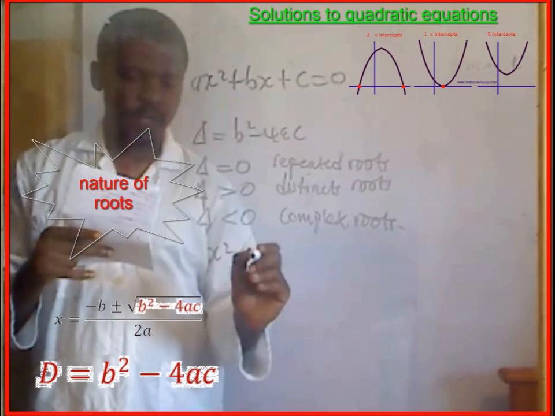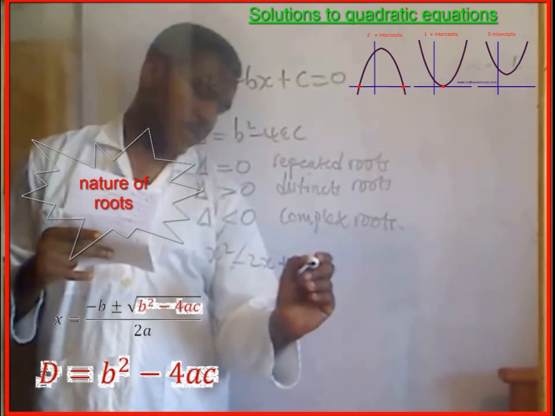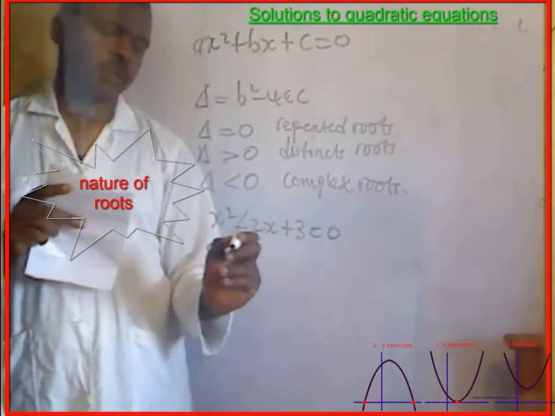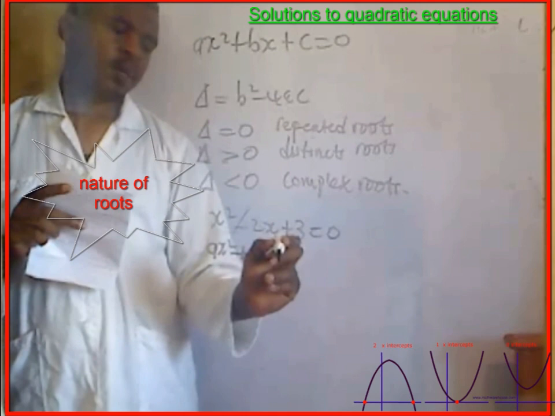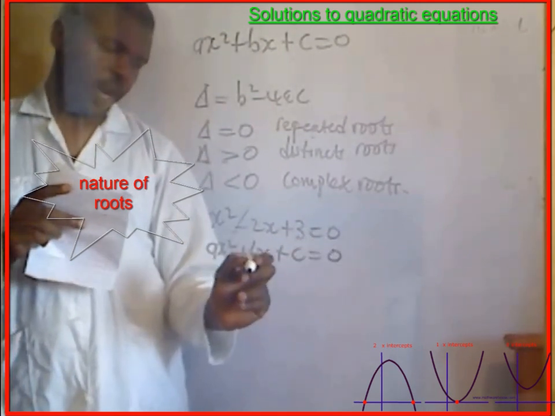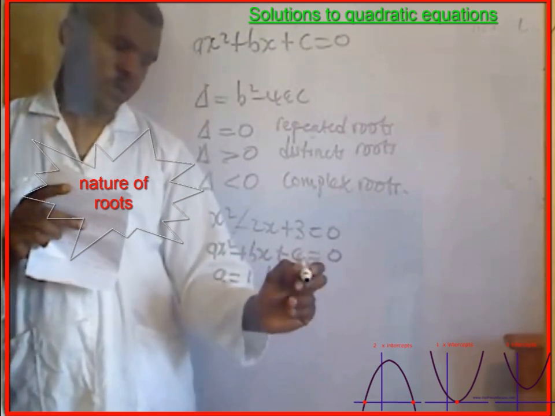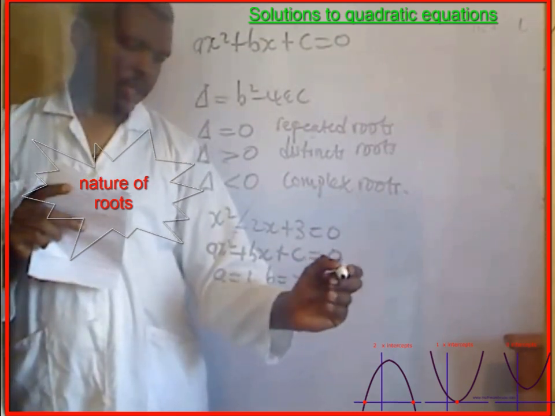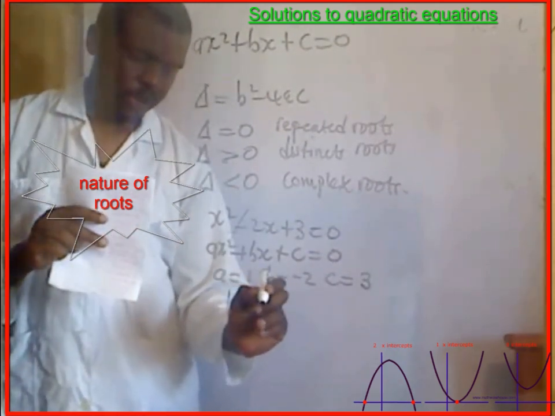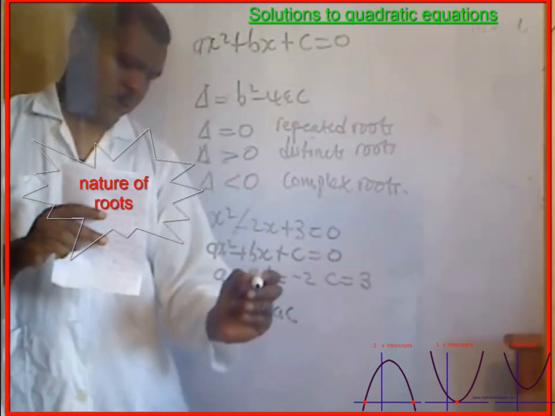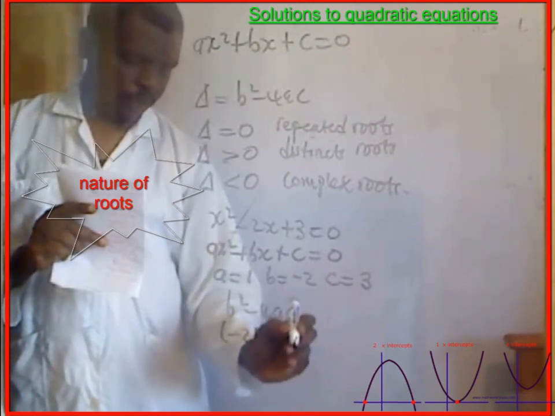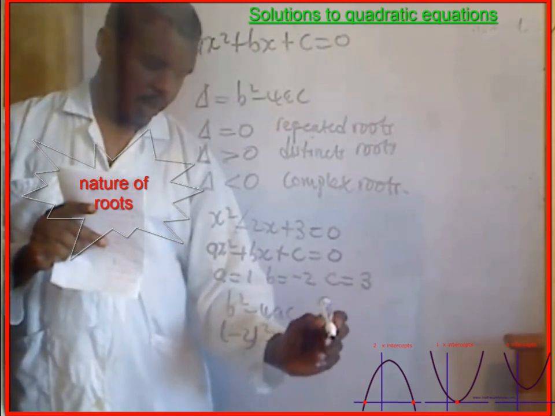So let's take this example here. x squared minus 2x plus 3 is equal to 0. We compare this to our general equation ax squared plus bx plus c equals 0. What is our a? a is equal to 1, b is equal to minus 2, and c is equal to 3. Now, what is b squared minus 4ac? We'll have minus 2 all squared minus 4 times 1 times 3.